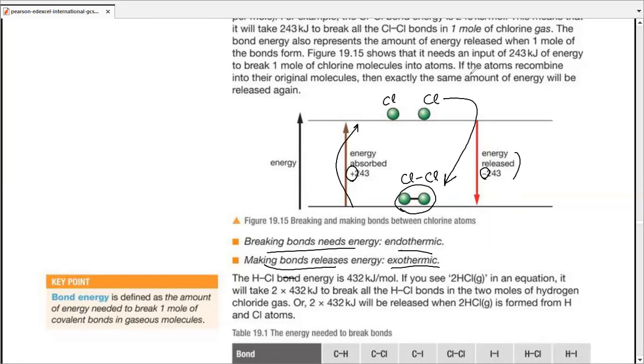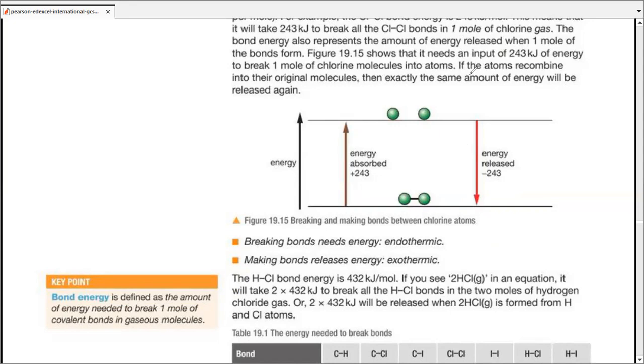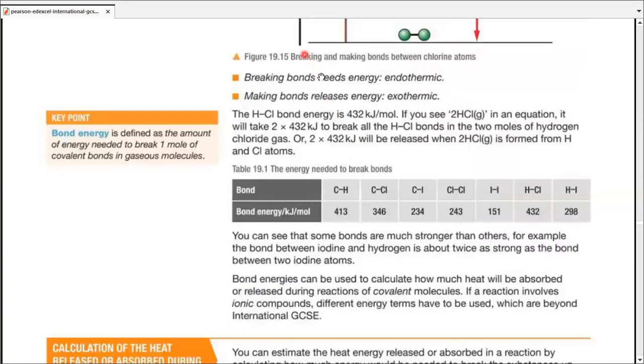In a similar way, if we talk about other kinds of bonds and their energies, let's talk about a few more examples. You would notice that an HCl bond energy is 432 kilojoules per mole, right? So if you see the HCl gas in an equation, you would notice you require 2 into 432 kilojoules to break all the HCl bonds in 2 moles of hydrogen and chlorine gas.